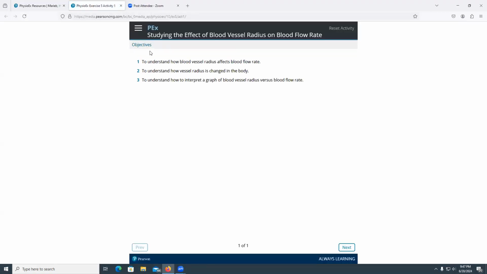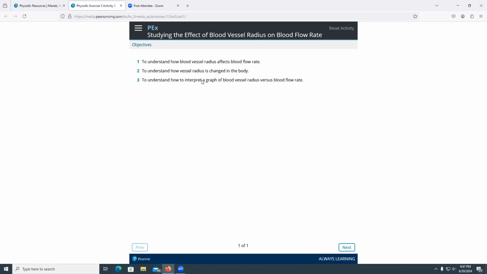Okay, so let's click on activity 1. And the objectives are very important to just highlight for us. We're looking at the blood vessel radius because the formula is actually F, representing flow rate, directly proportional to R, which is the radius of the blood vessel, to the power of 4.